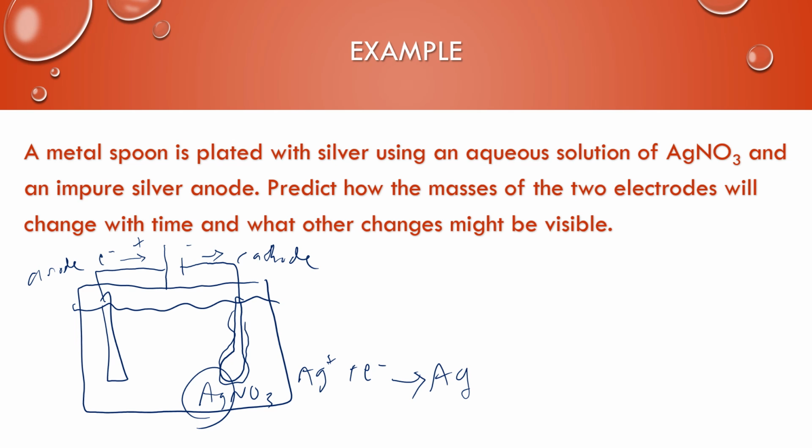So the impure silver anode is going to decrease in mass over time, whereas the spoon will increase in mass because it's getting the silver plated onto it. You'll also notice, because aqueous silver nitrate has almost a silvery color to it, that it's mild, but you will see it get more clear because the silver is leaving the solution. And you'll also see the spoon looking more silver as it gets plated over time.